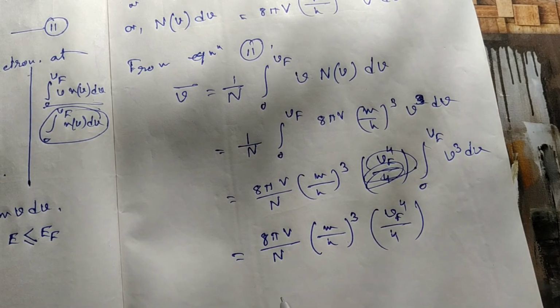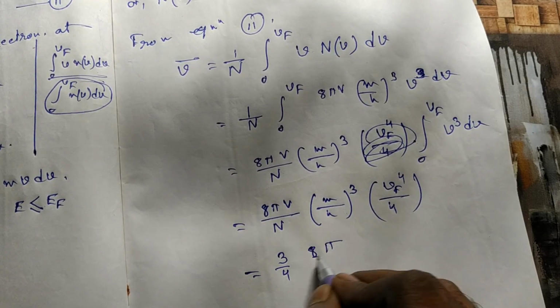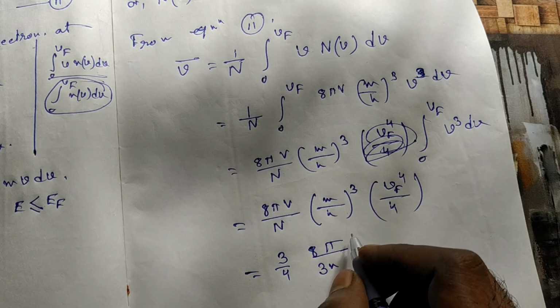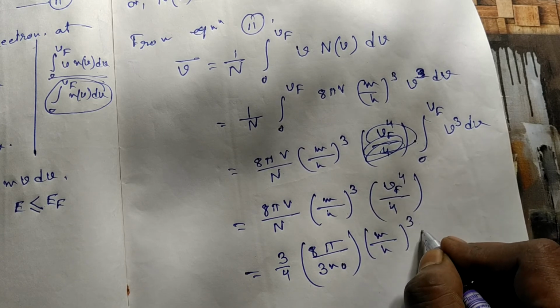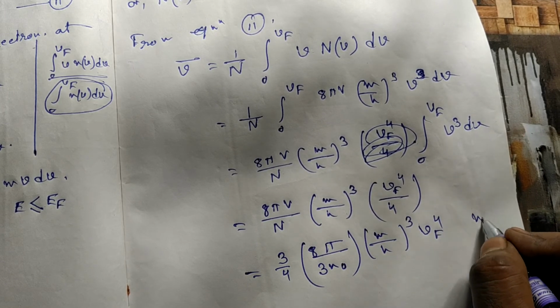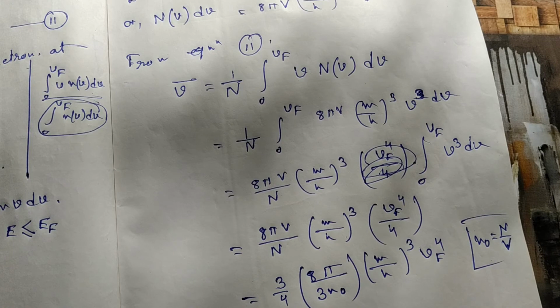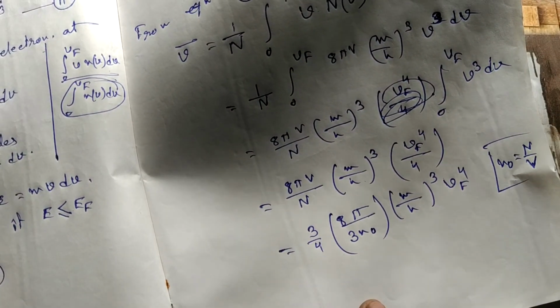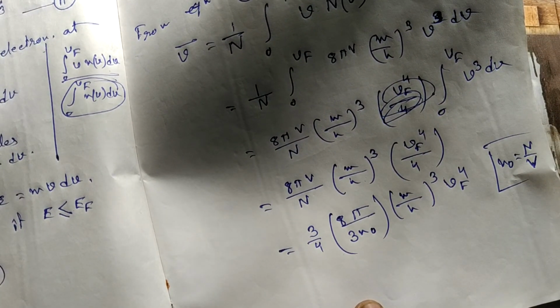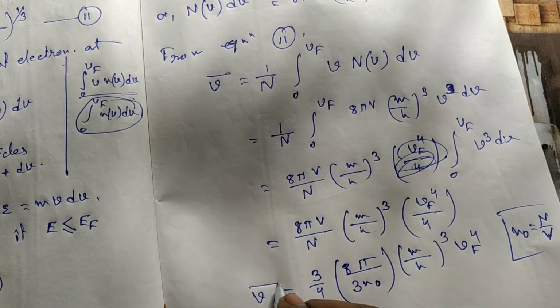Now simplify this expression: 3 by 4, 8 pi by 3n, because V n0 m by h whole cube v_F to the power 4, and n0 is equal to n by V. So this is the average velocity we have.